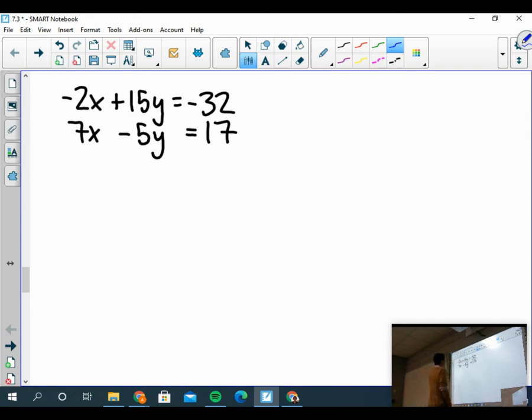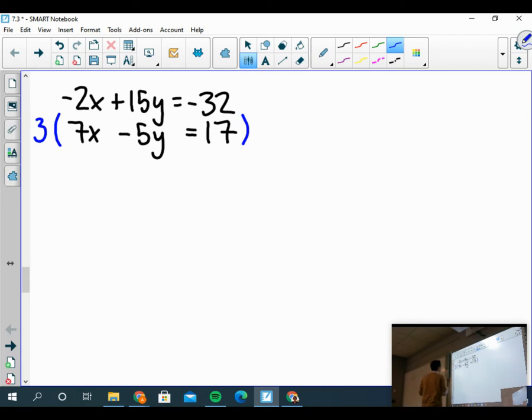But when I look at the y variable, I notice I have 15 and negative 5. And I know that negative 5 times 3 will give me negative 15, the same coefficient, even though they have opposite signs. And there I can be well on my way to elimination.